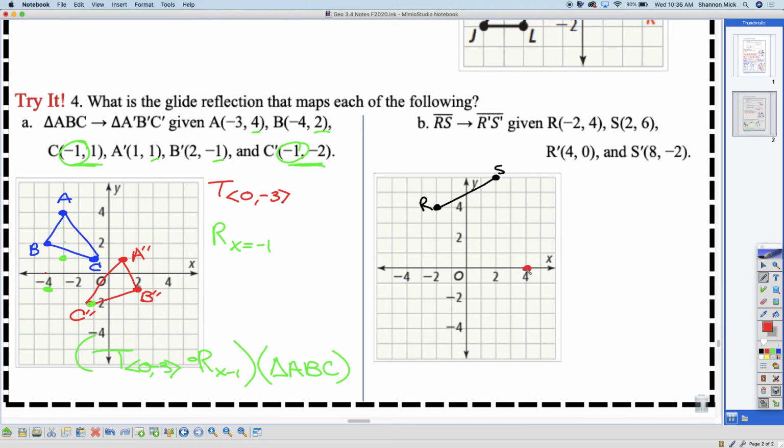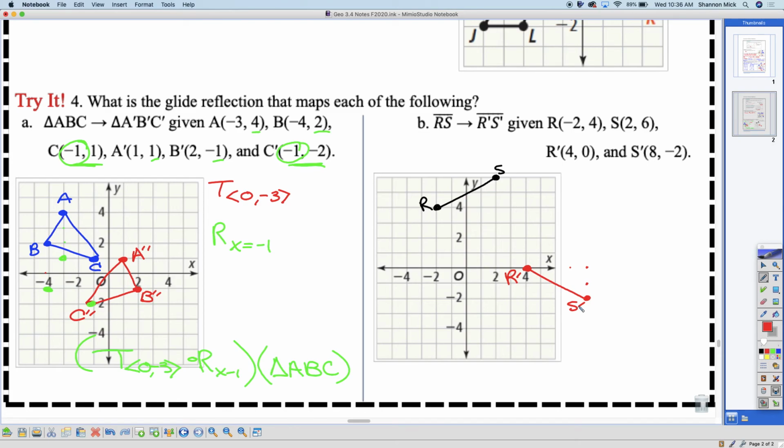And 8, so 8 would be 5, 6, 7, 8, 1, 2. So this is R prime, S prime, or double prime, or whatever you all think about it, right?